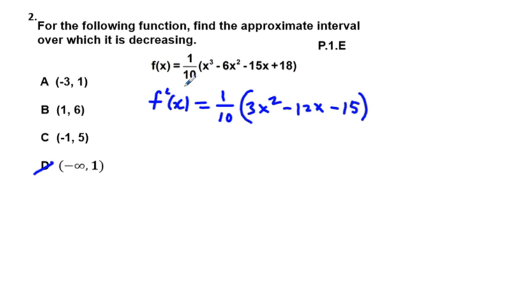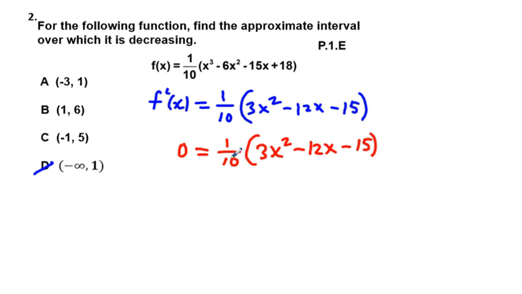So to find the horizontal tangent lines, we are going to set this derivative equal to 0, because wherever the derivative is 0, we're going to have a horizontal tangent line. So we have 0 equals 1/10 times 3x squared minus 12x minus 15.